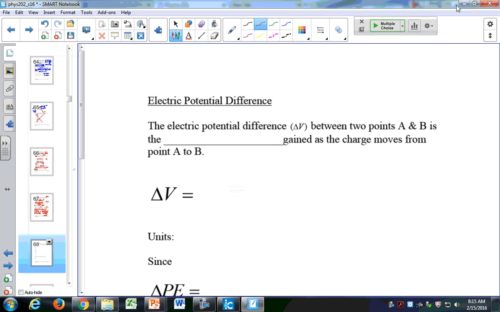All right, so let's define electric potential difference. The potential difference between 2 points is the energy per charge. Remember, if electric field is force per unit charge, electric potential is energy per charge.